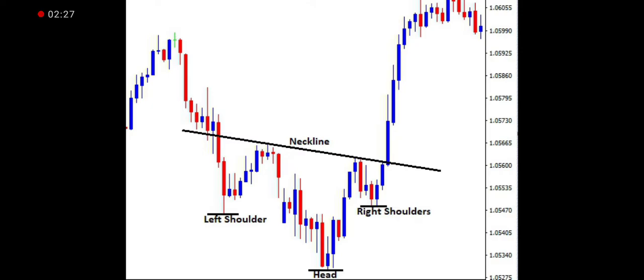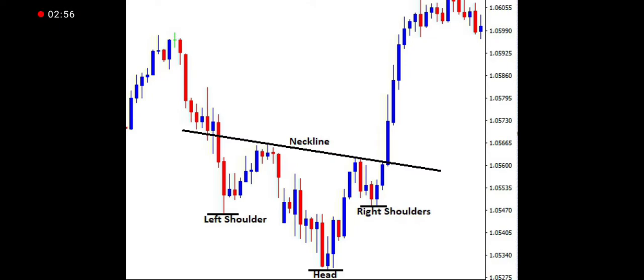It rejected and started going back up, and all of a sudden the market started impulsing to the downward side again, forming the head. All of a sudden the market started going back up, which in turn created the right shoulder.